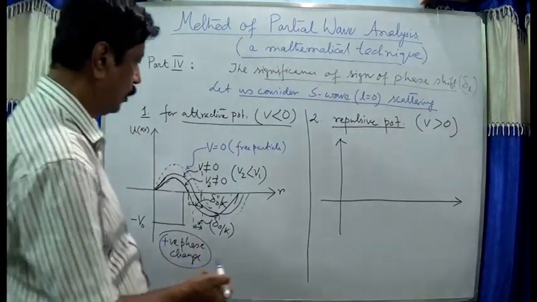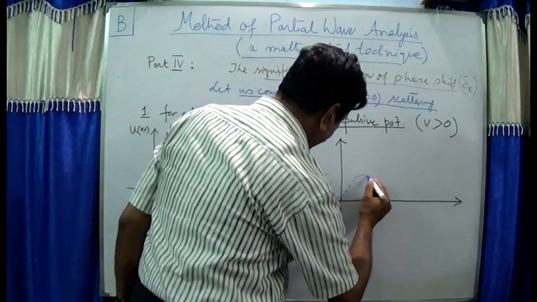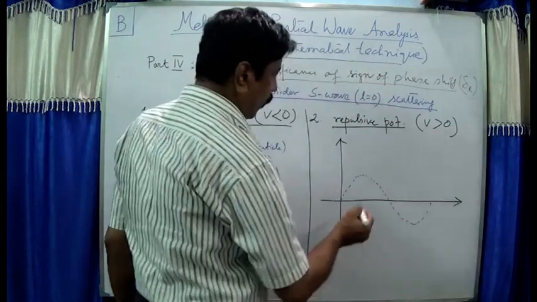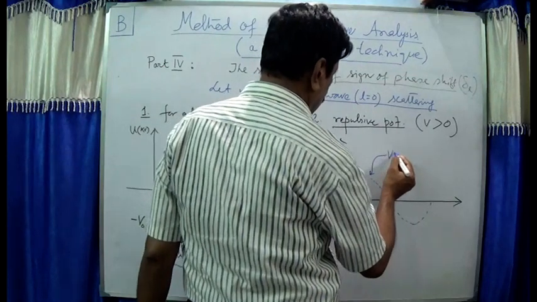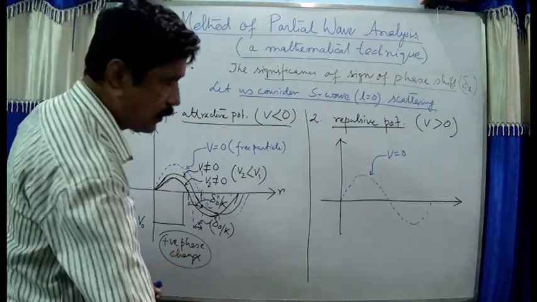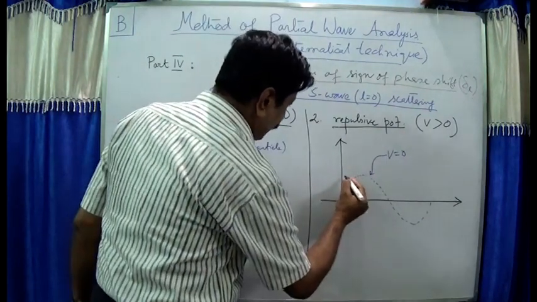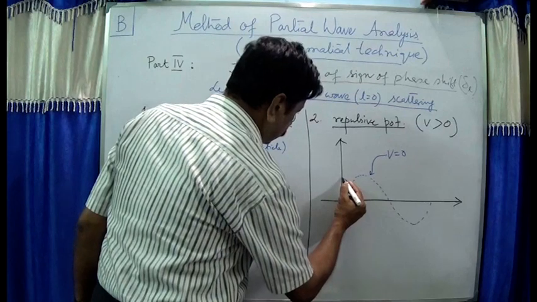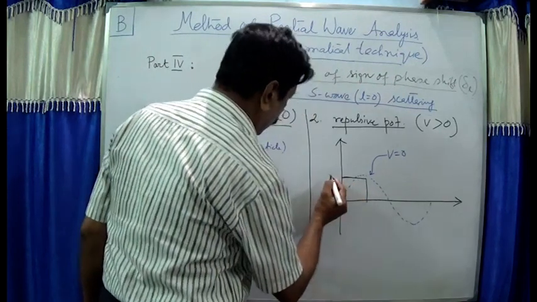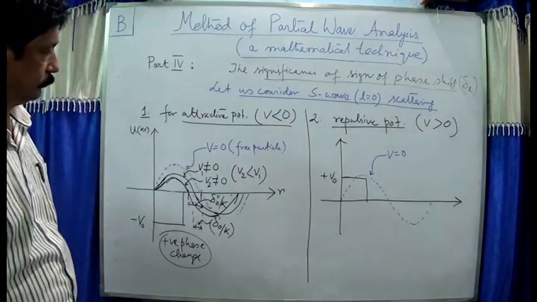So once again we can draw the waves for the V equal to 0 case, as before. Now if we have a potential of repulsive type, then we can draw, let the potential be of this form, having a positive value, V0.